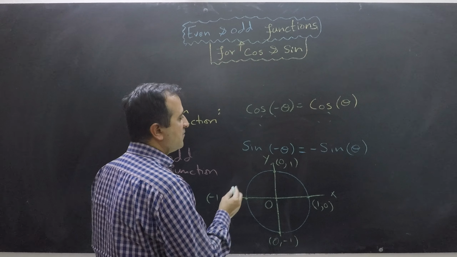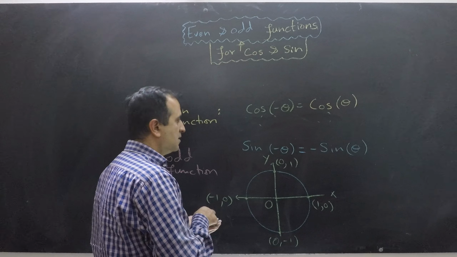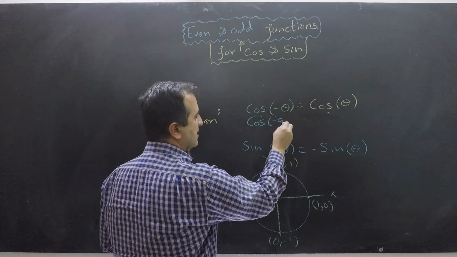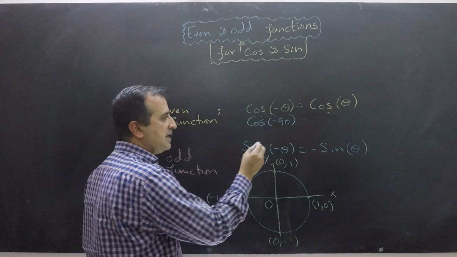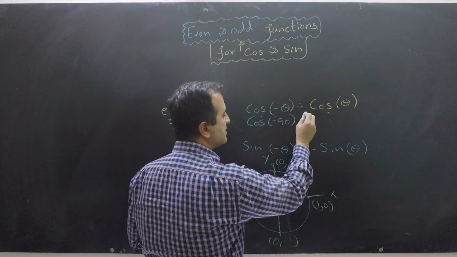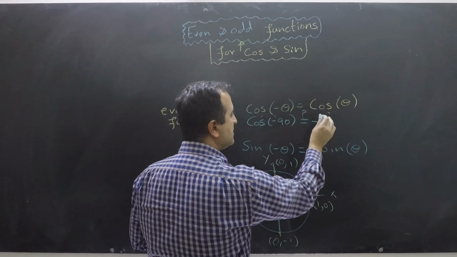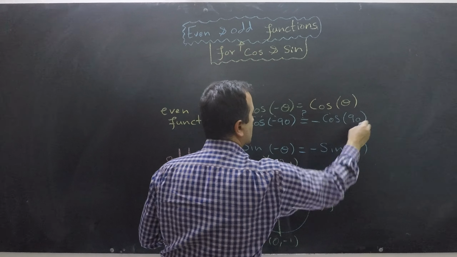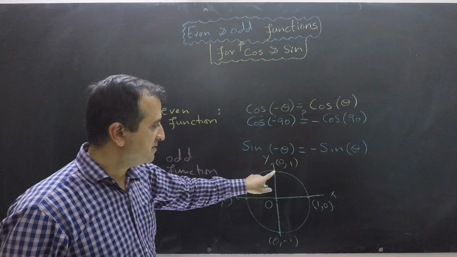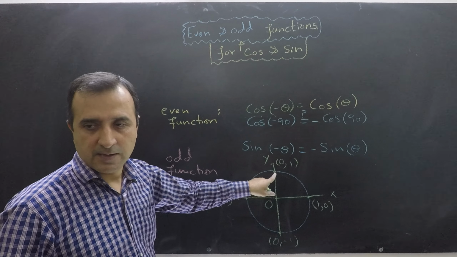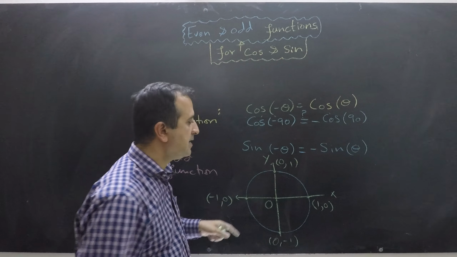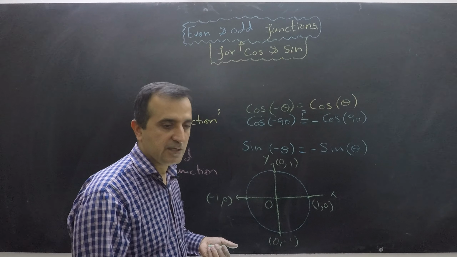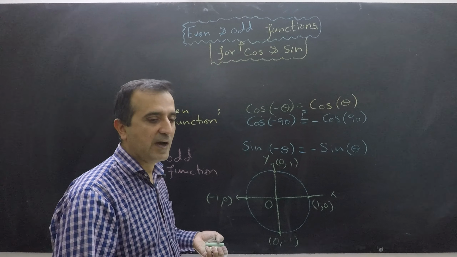So let's start with the value of cos minus 90. We have to see if cos minus 90 is the same as minus cos 90. This is our 90 degrees, and we know that for the unit circle our value of x is cos and our value of y is sine.